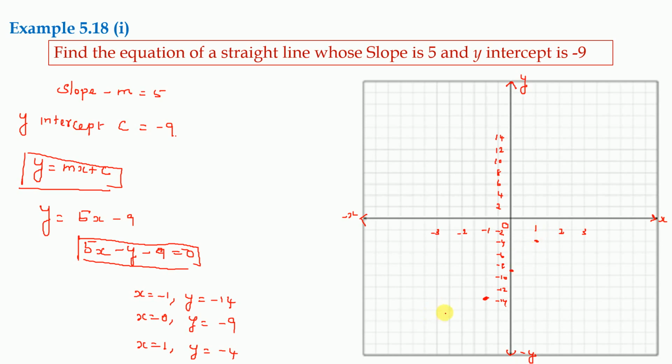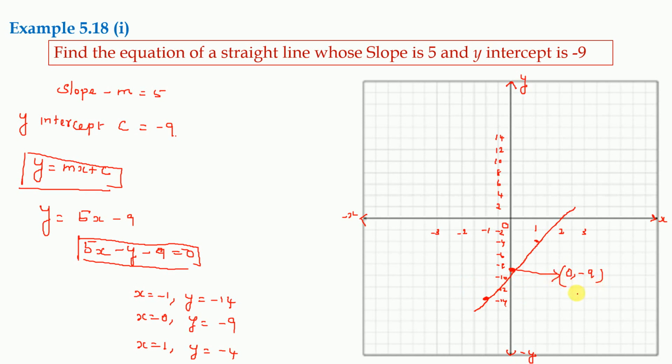If I join these points, the line will pass through this one and go like this. If you look at this particular point, it is 0, minus 9. So for the given equation, the straight line passes through the y-coordinate minus 9.